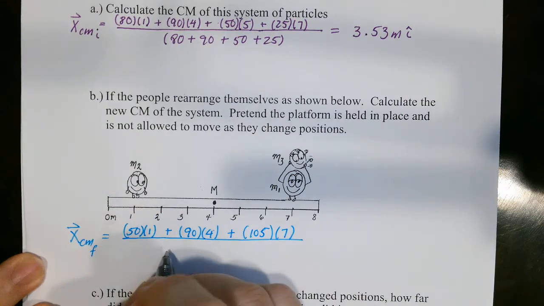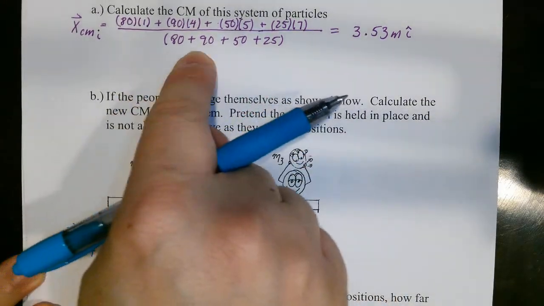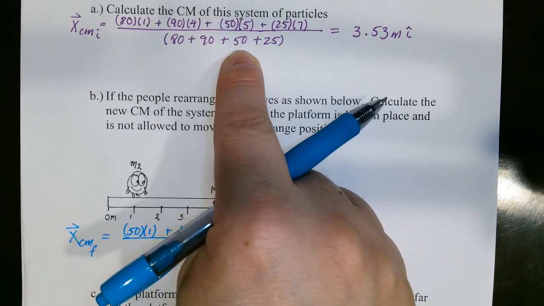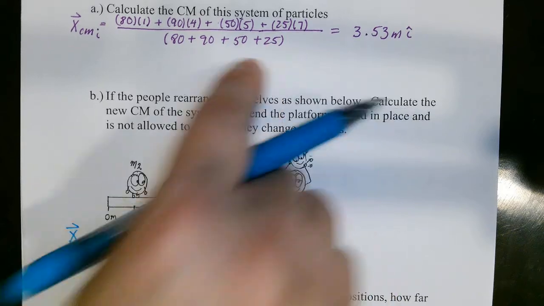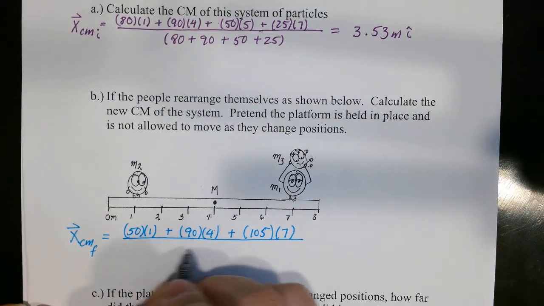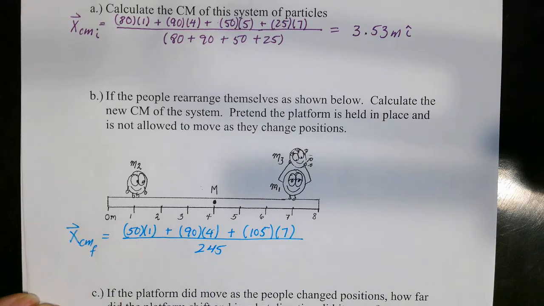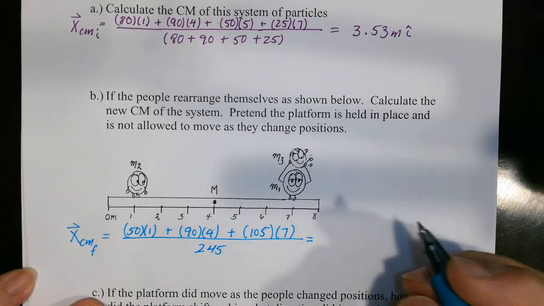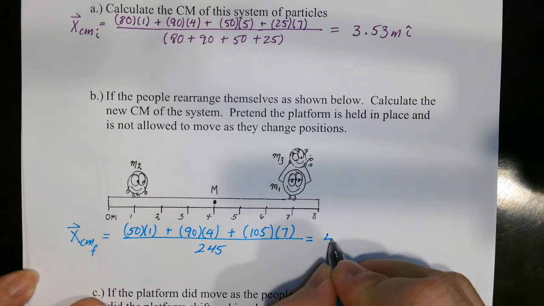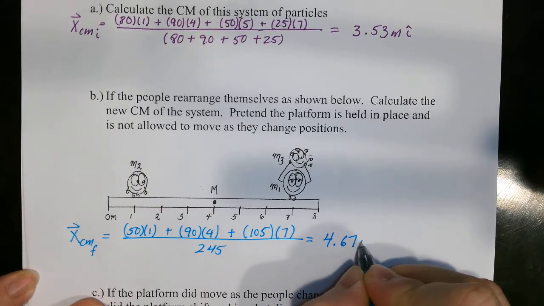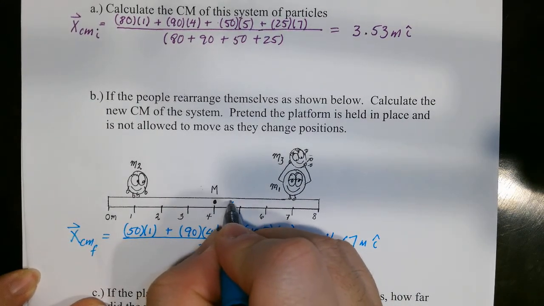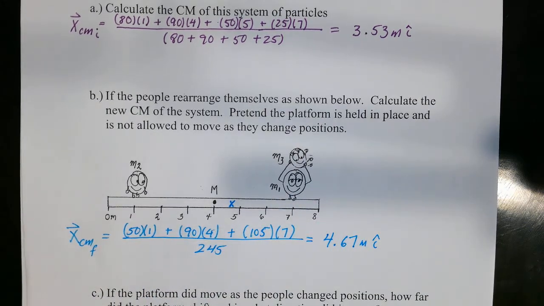This whole thing divided by, I guess, what is that? 171, 220, and then 220, 245, right? So 245. So if you work that out, I think you'll get 4.67 meters. So here, it'll be located around there for your center of mass.